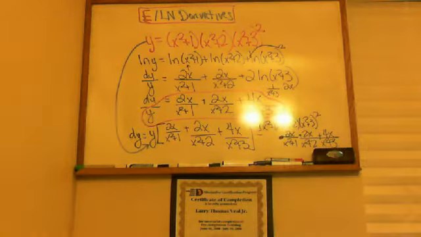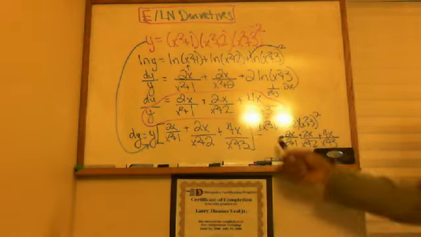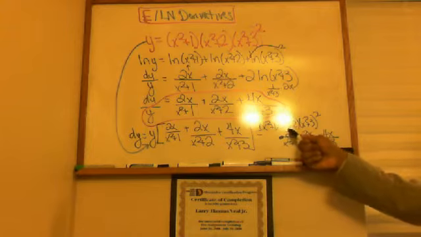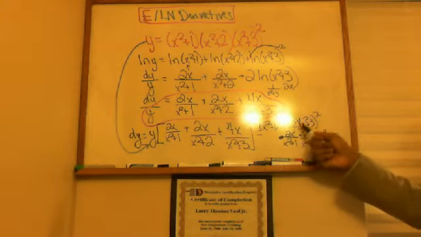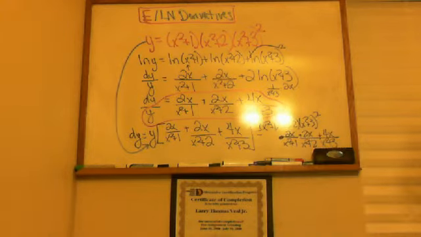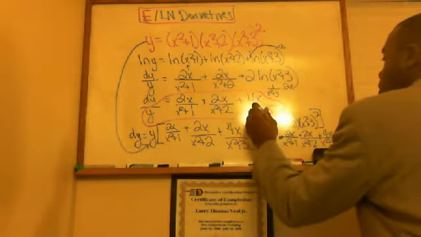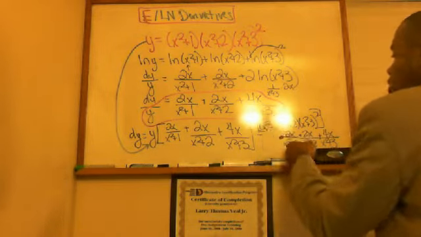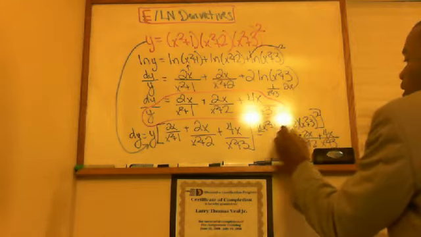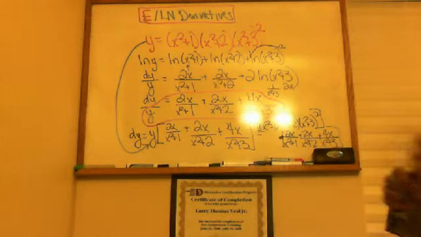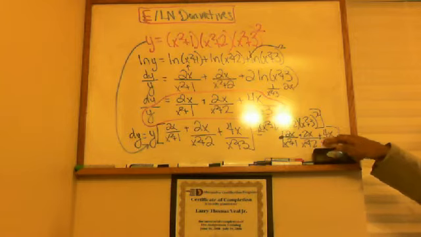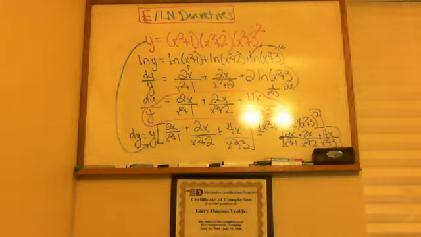And that is my final answer. So this right here is x squared plus 1 times x squared plus 2 times x squared plus 3 squared, all of that block, times 2x over x squared plus 1 block, plus 2x over x squared plus 2, plus 4x over x squared plus 3. Alright? Plain and simple.